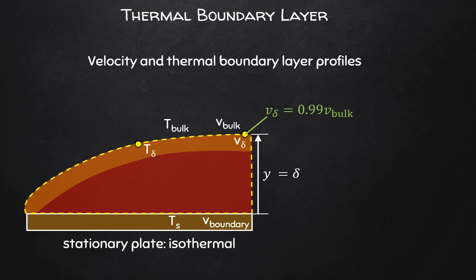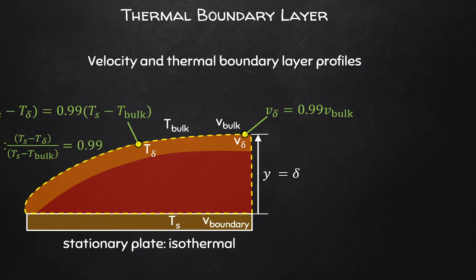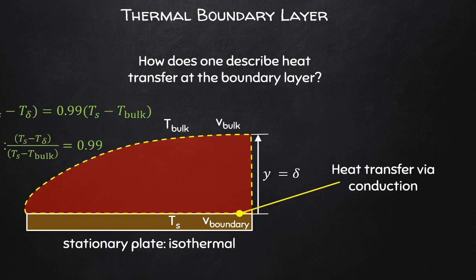So just as the velocity boundary layer begins at a position where the velocity is 99% of the bulk velocity, the position of the thermal boundary layer is also defined from the position where the temperature gradient is 99% of that of the bulk temperature gradient, using the stationary plate as the reference point.